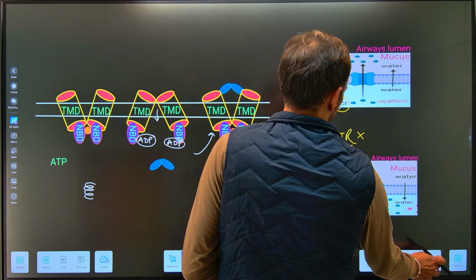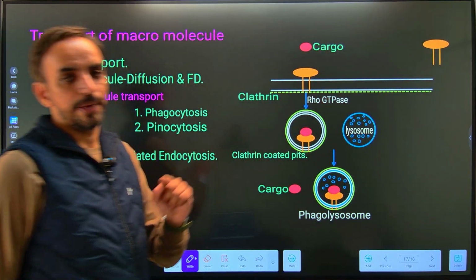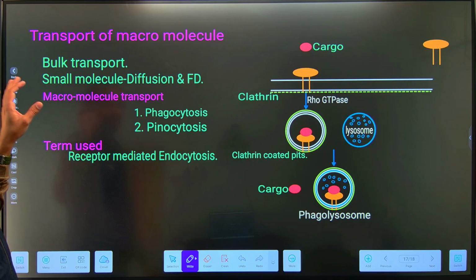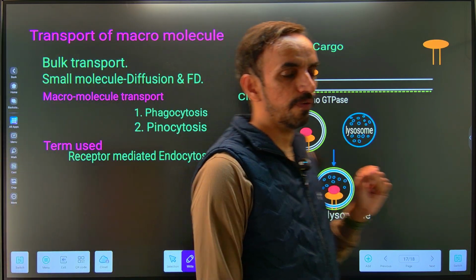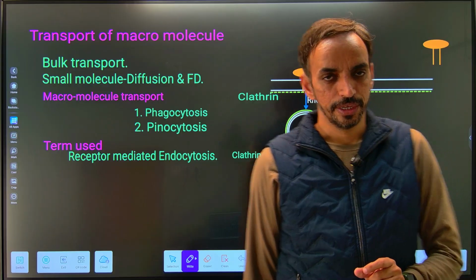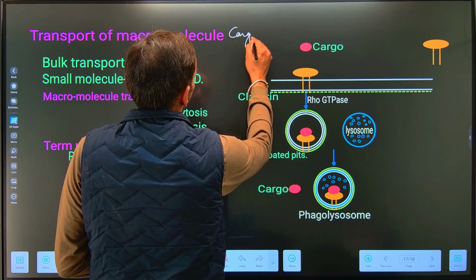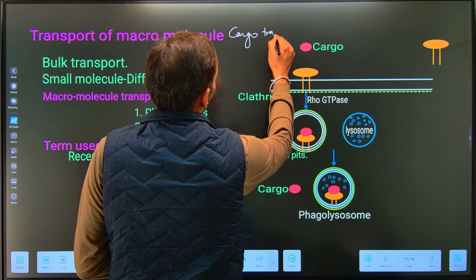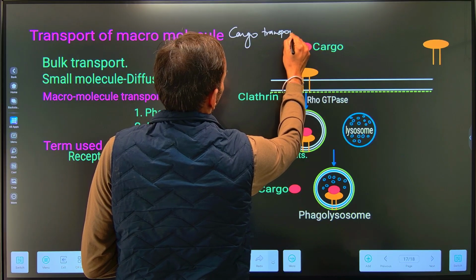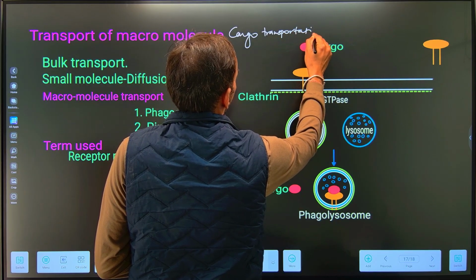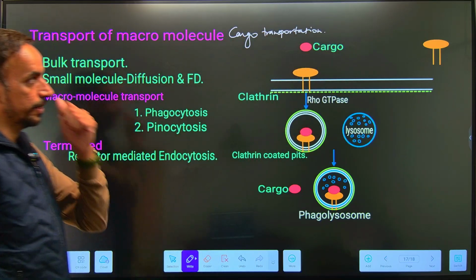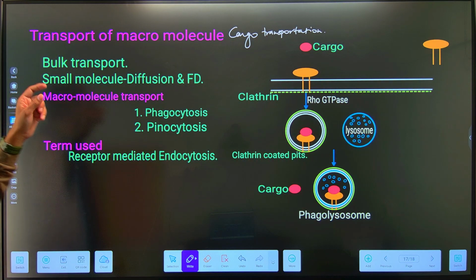Next, we talk about another type of transportation, which is the transportation of macromolecules. This transportation is also known as cargo transport or cargo transportation. Larger molecules are being transported here.